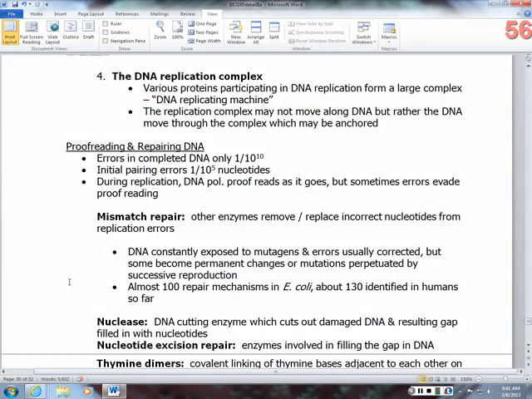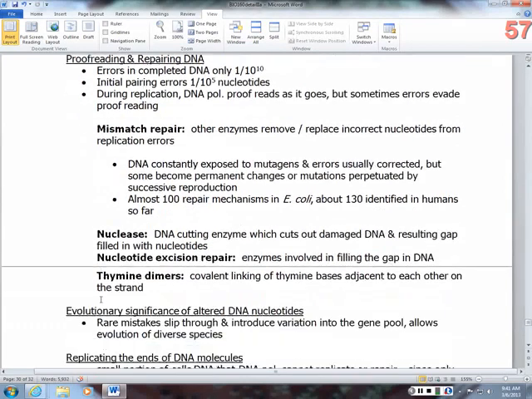Your DNA, however, is constantly exposed to mutagens, and while most of the errors are usually corrected, after you've gone through and done the proofreading, if that mutagen does their damage once you've done the proofreading in there, you're not going to catch it. So it's kind of like if you're proofreading something on your computer and you go, okay, I have proofread the whole thing, and as you turn around to walk away from your computer, you put your hand on the keyboard and you type in a bunch of letters in there and create some mistakes after you did your proofreading.